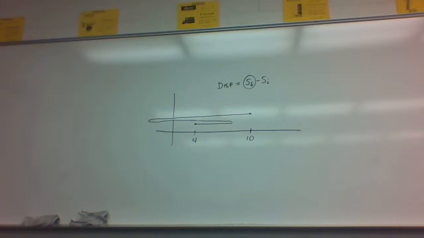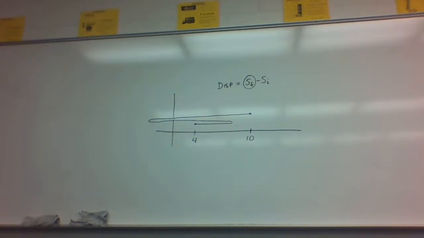Final position after 2 seconds is going to be 4 minus 8 plus 3. What's 4 minus 8 plus 3? 4 minus 8 is negative 4, plus 3, negative 1. So its position after 2 seconds is negative 1.